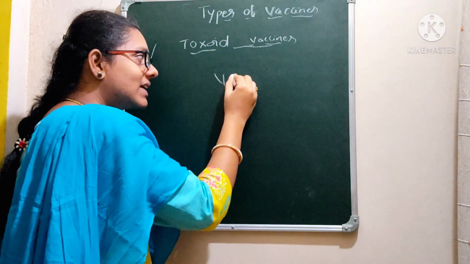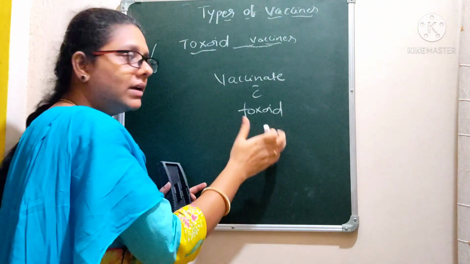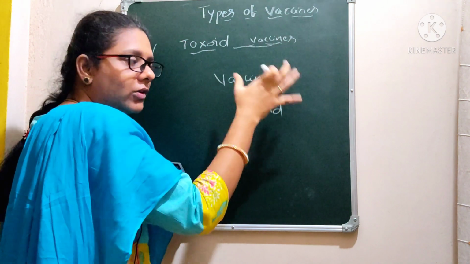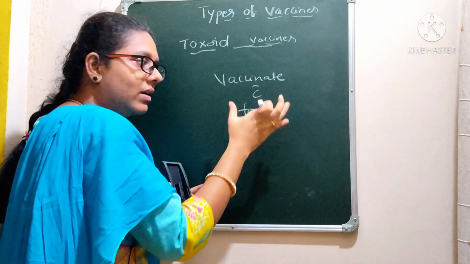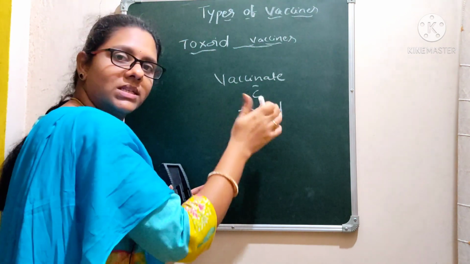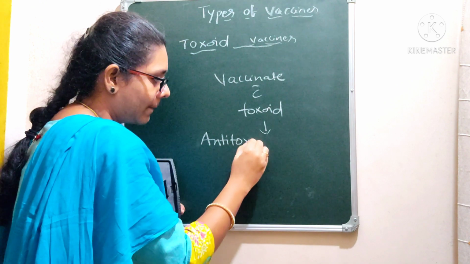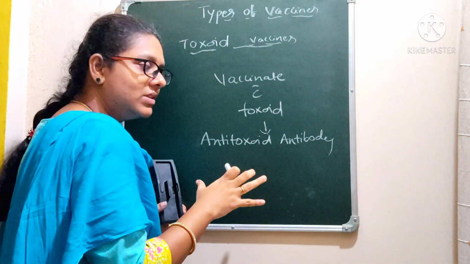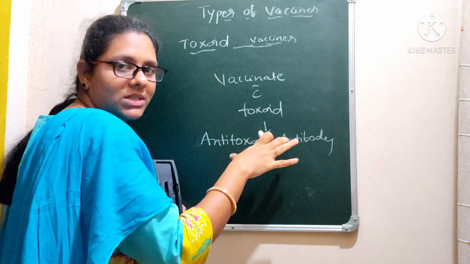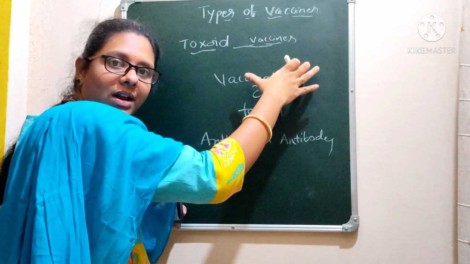So when we vaccinate a person with this toxoid in the form of a vaccine, what are we doing here? We are going to introduce this toxoid into a person. That induces the formation of anti-toxoid antibody. Our intention is to induce the immune response, finally resulting in the synthesis of antibodies to neutralize the antigen.